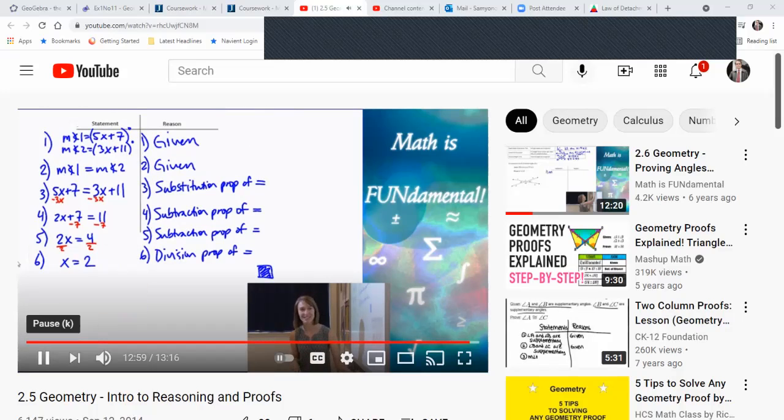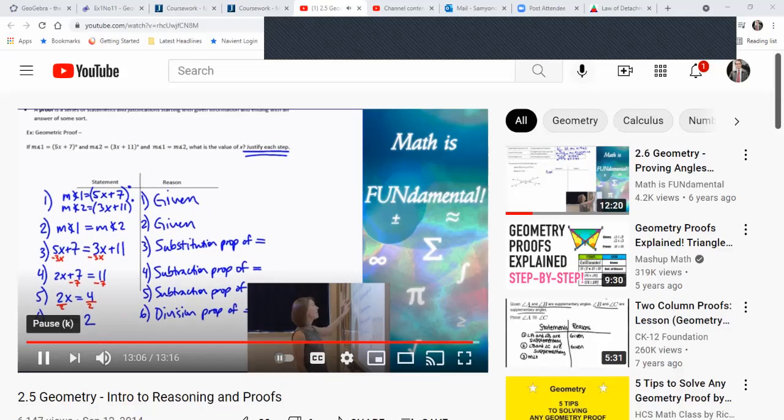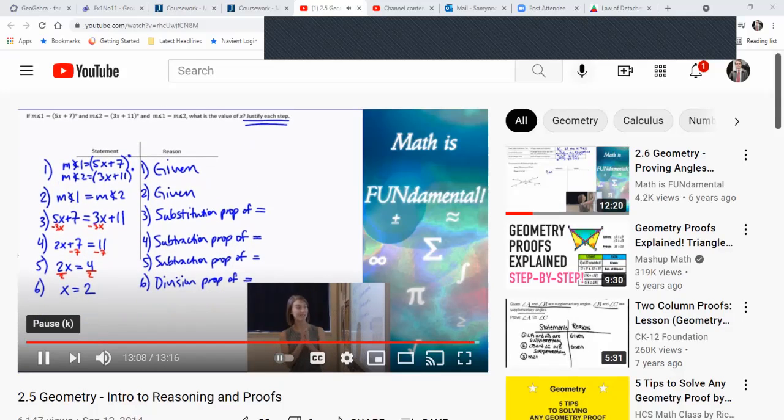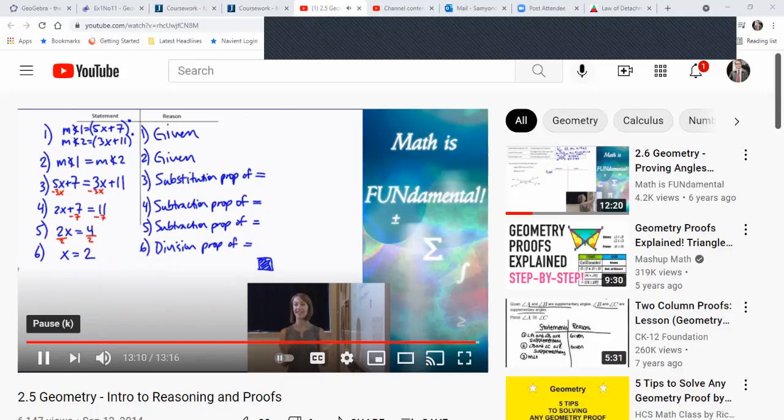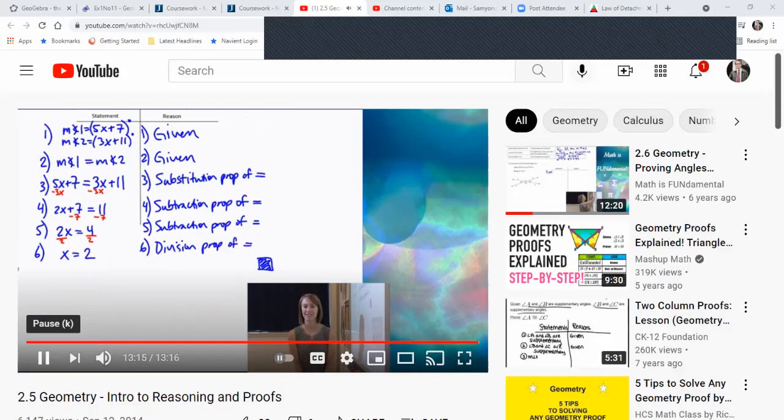There's a couple other ways you could do that, but it's just a nice little symbol that states, okay, I'm done with my proof now. So that's a little bit of an introduction for you into proofs. And that concludes our lesson for today. So thanks for watching, and remember, math is fundamental.